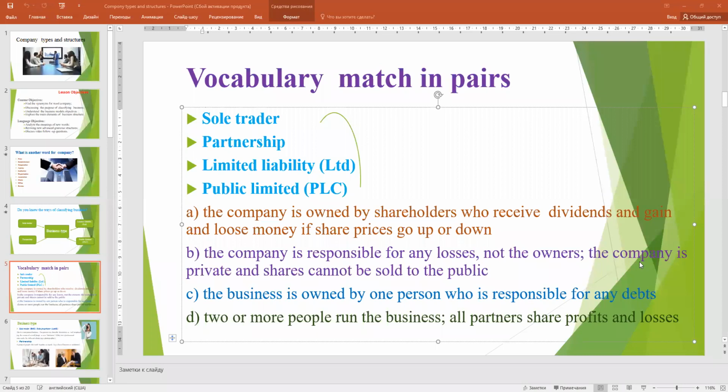The company is private and shares cannot be sold to the public. Yes, B, because if the shares cannot be sold to the public, it shouldn't be called public limited, you know?